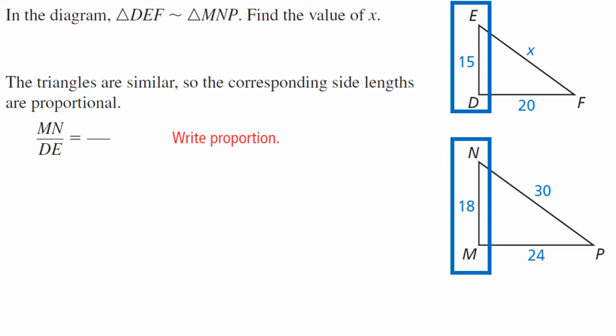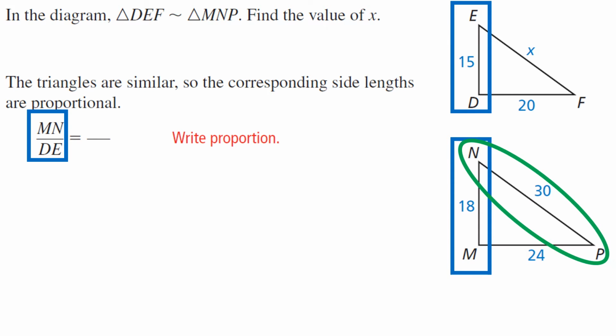Now, the top of the next fraction has to come from triangle MNP. And of course, they have to choose side NP because we're trying to find X. So they had to pick NP because NP corresponds with EF.